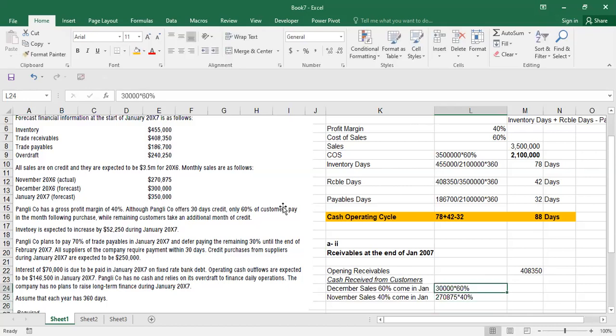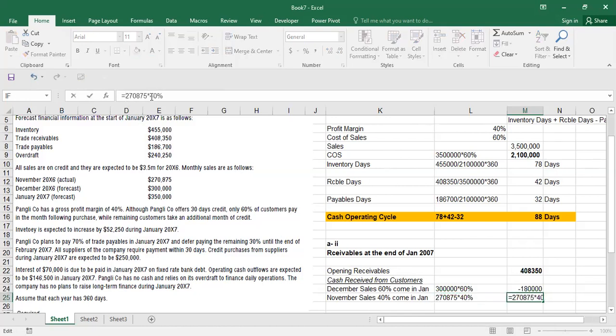These two numbers you will receive in the month of January. So take it here, put equals to sign, and multiply with -1 because this will be reduced. So this is your opening receivable at the beginning of January. This much money you will receive from customers, and this you will also receive from your customers.